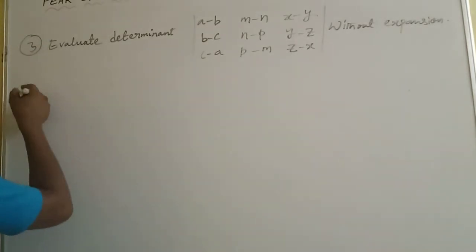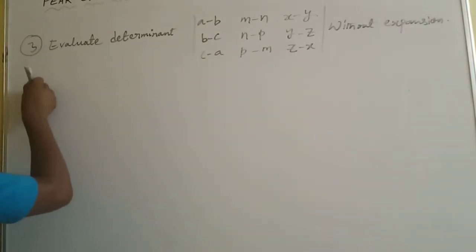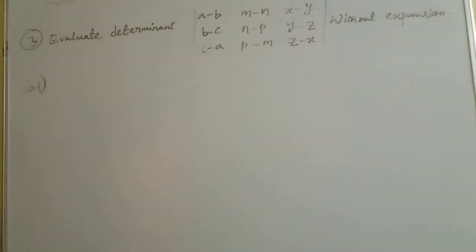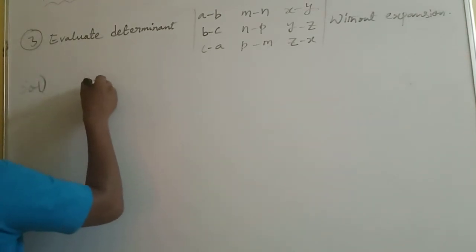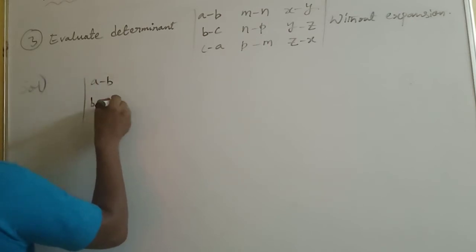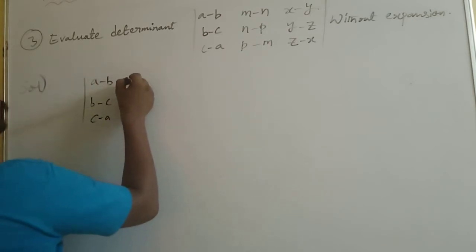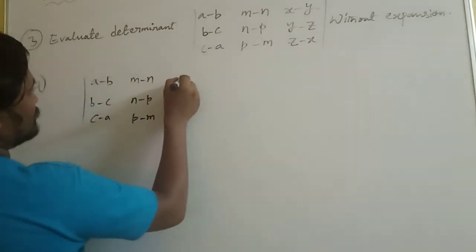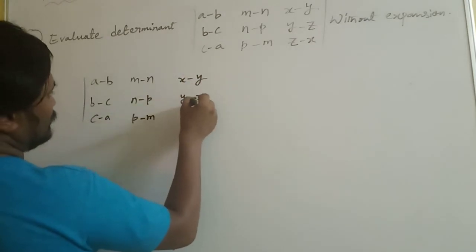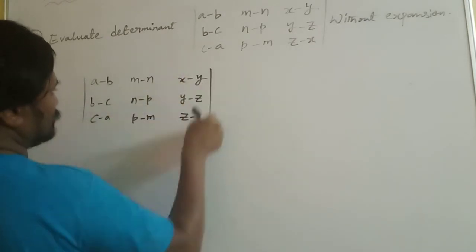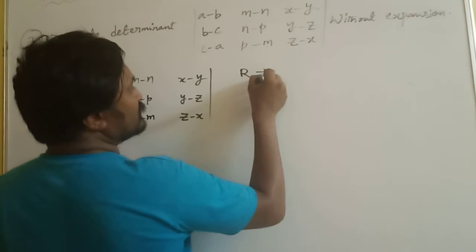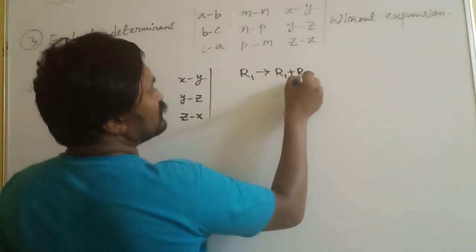So now this is your solution. So first as it is you can write A minus B, B minus C, C minus A, M minus N, N minus P, P minus M, X minus Y, Y minus Z, Z minus X. So now what I will do here is R1 tends to R1 plus R2 plus R3.